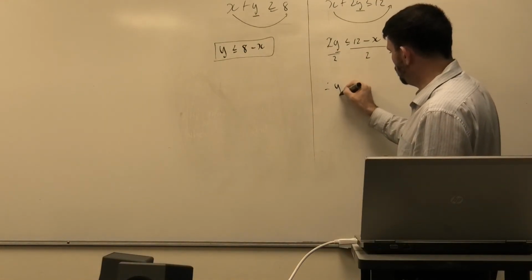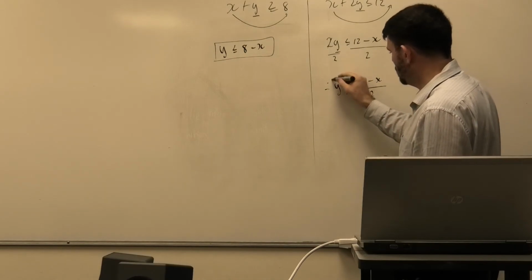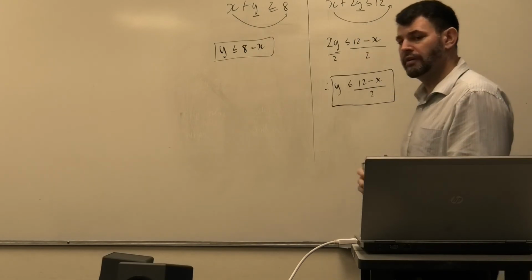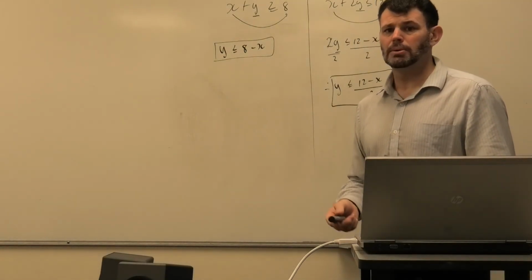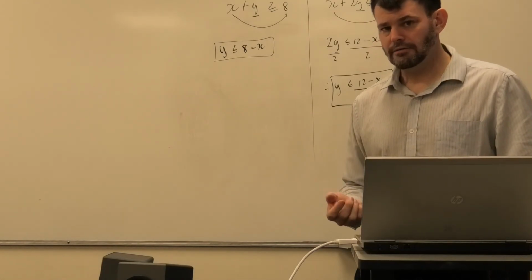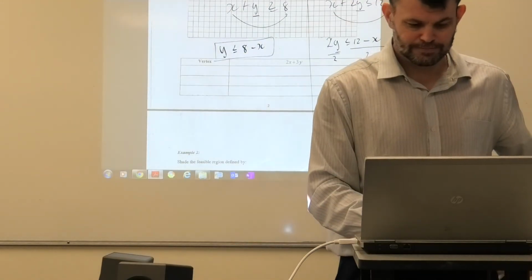So therefore I get y is less than or equal to (12 minus x) over 2. And these here are our two equations that we're going to use in our graphics calculator to sketch up the graph. So let's have a sketch of the graph, see if we get the same answers we did before. Okay.